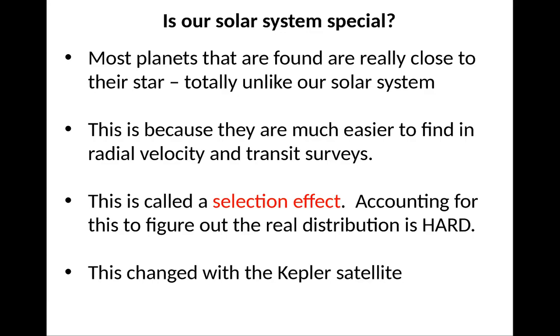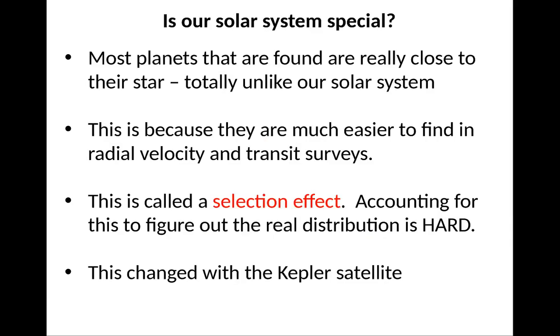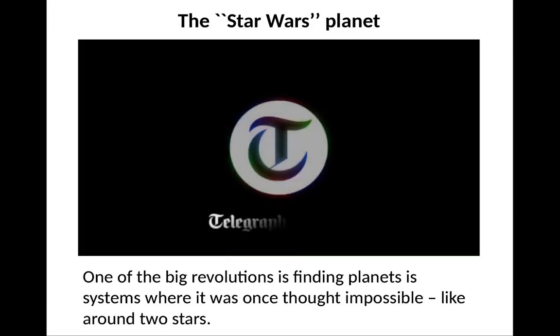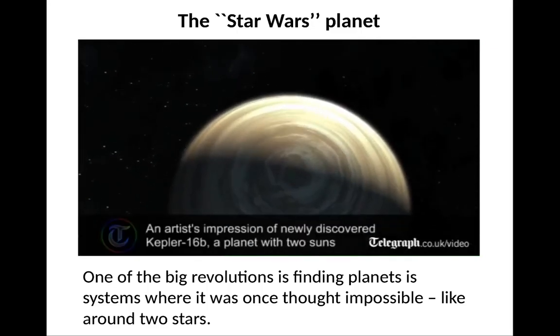Now this changed with a mission known as Kepler, right? Kepler is a mission by NASA aimed to find Earth-sized planets, right? They haven't done that yet, all right? But they have found many, many interesting planets. So we find planets in configurations once thought impossible.